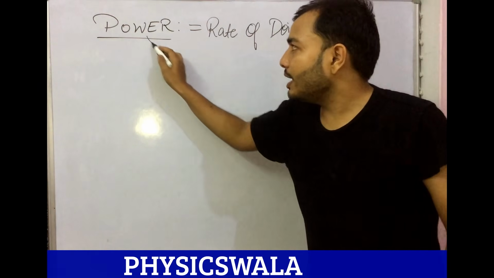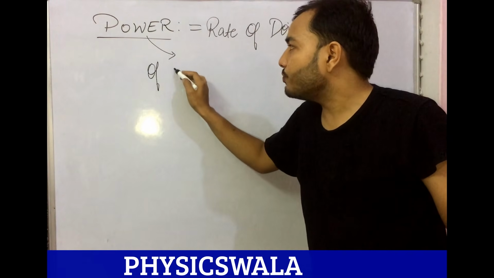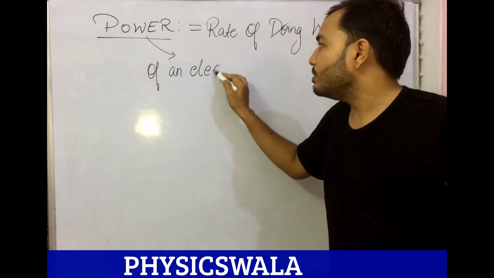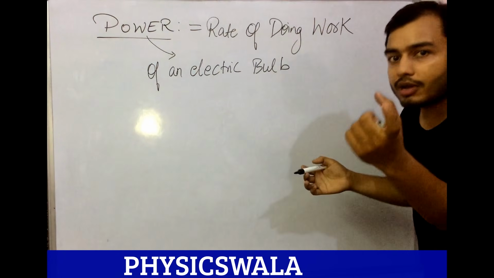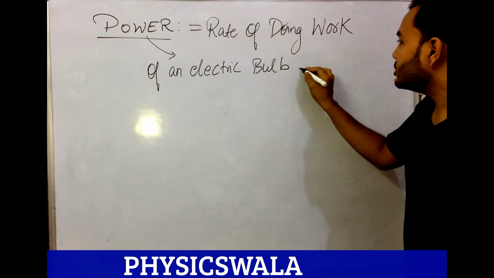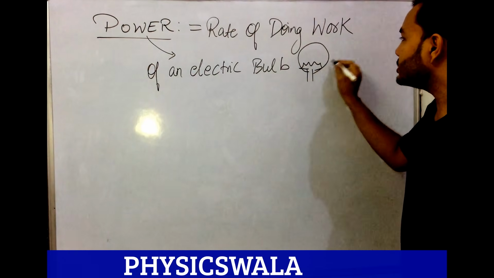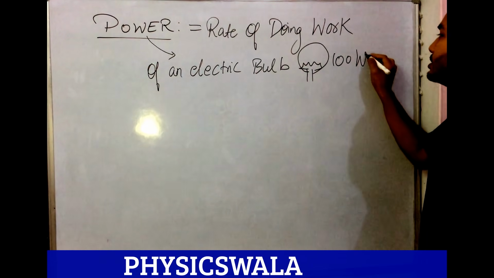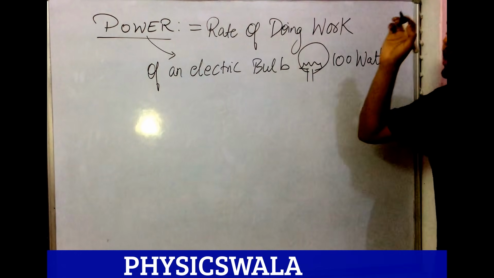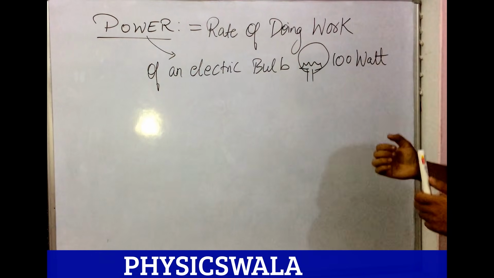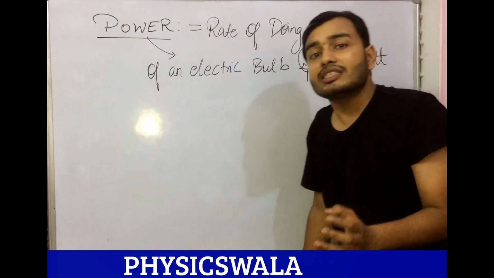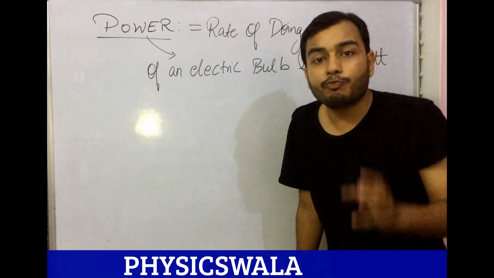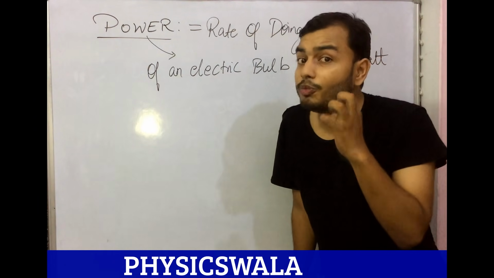Suppose I say the power of an electric bulb, you see an electric bulb at home, suppose it is 100 watt. When we purchase a bulb from a shopkeeper, we say give us a bulb of 60 watt, of 100 watt. So what do you mean by this?